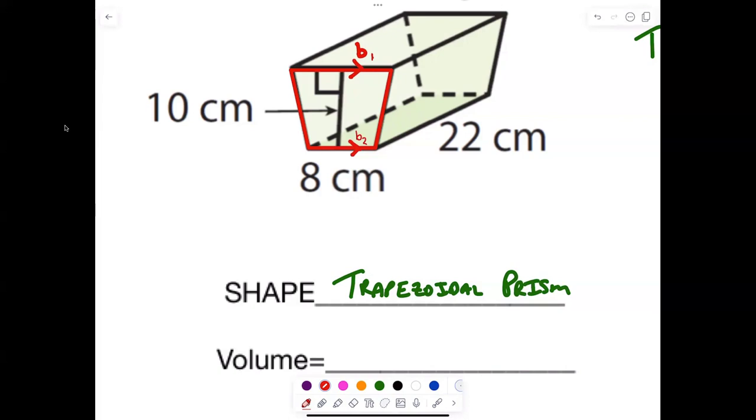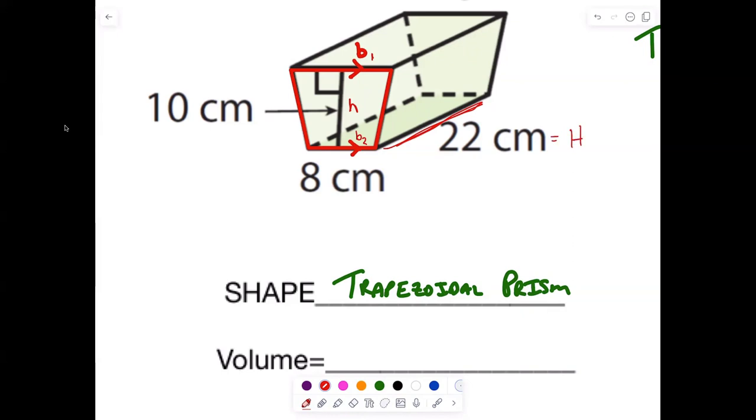And then what the arrow is pointing to is the what? The height. Thank you. This is the height of the what? Trapezoid. 22, this distance from here to here represents what? No. Very good. It represents the height of the prism.